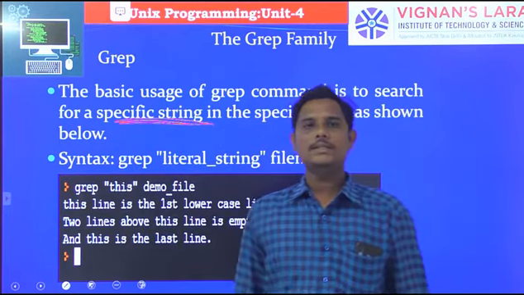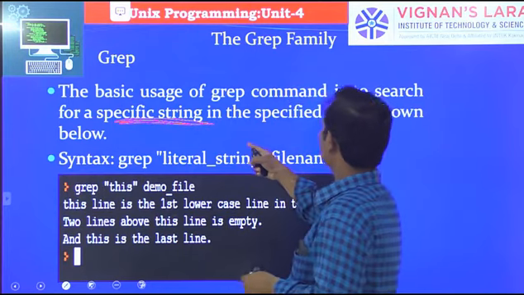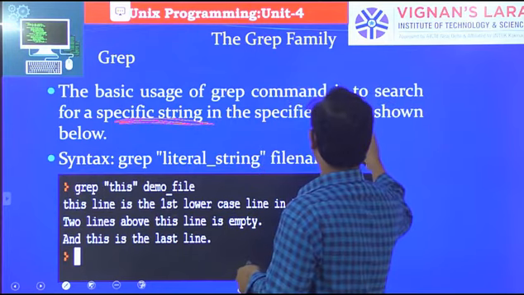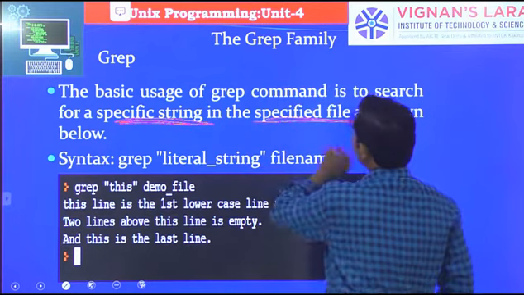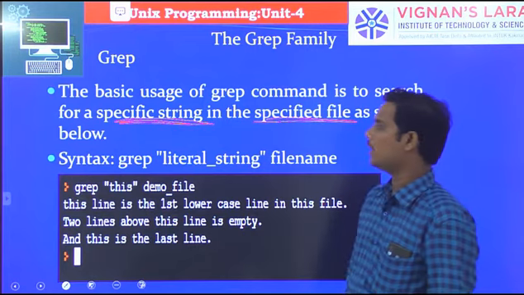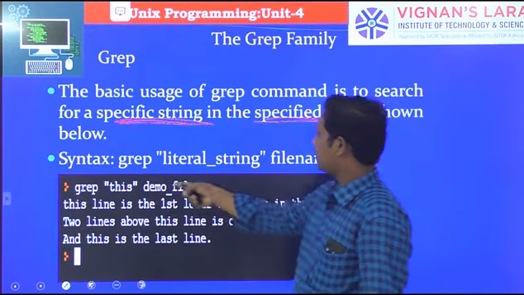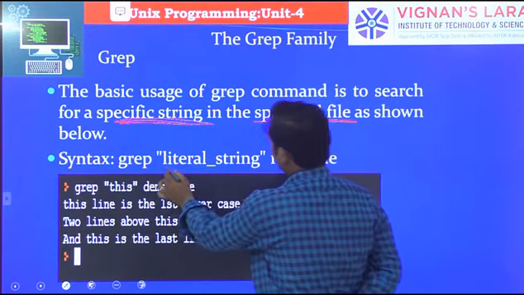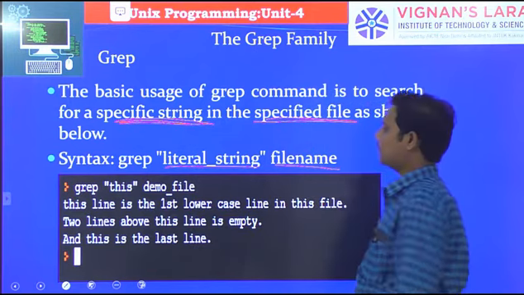Whatever you want to search is called the specific string, in the specified file. The file you want to search, that will be displayed on the screen. You give the input to the system.